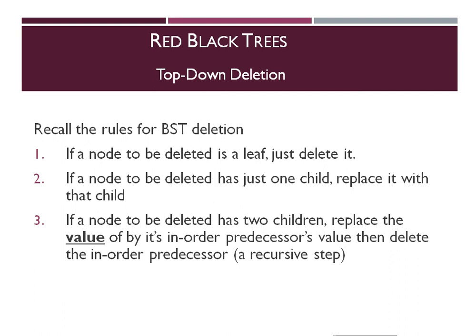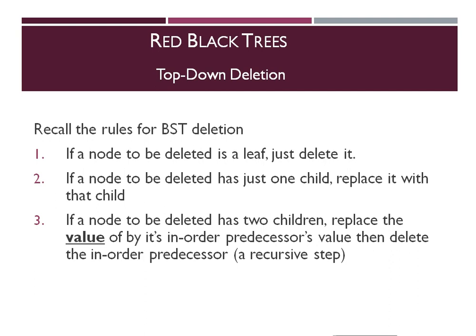So if a node to be deleted is a leaf, then we can simply delete it. But if a node to be deleted has just one child, then in that case you need to replace it with that child. That means if it is the middle one and it has one left or right child, then you will be replacing that node value with the child value.